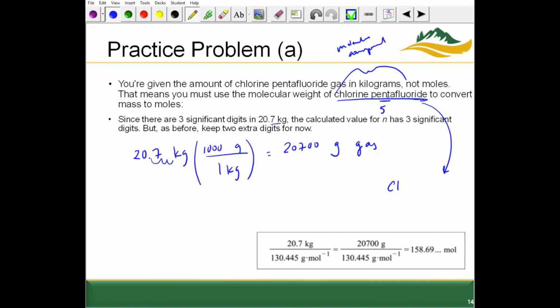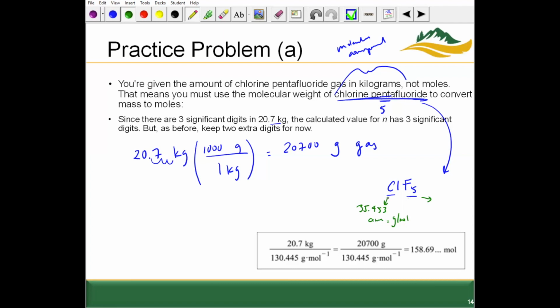So naming and writing formulas from names is still going to come back throughout the semester. So chlorine pentafluoride, we should be able to see a name like this and write out the formula. From the periodic table, chlorine weighs 35.453 AMU or grams per mole, same thing.